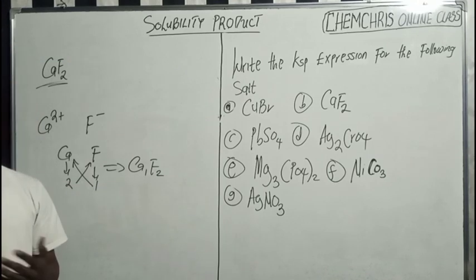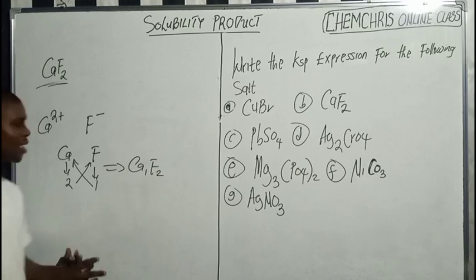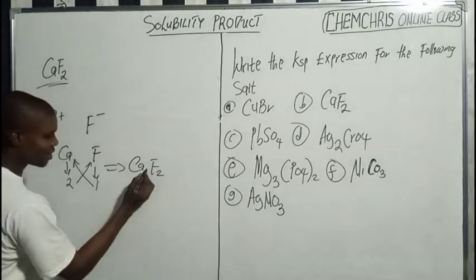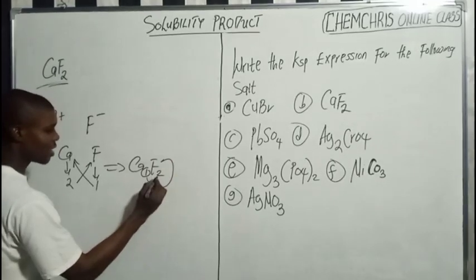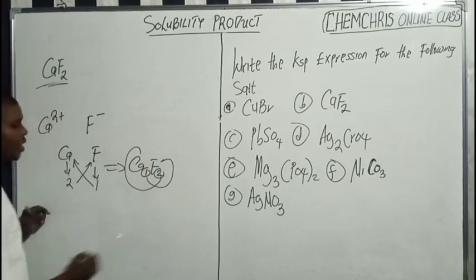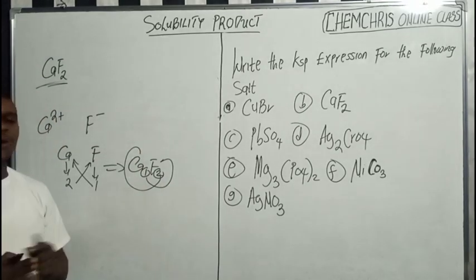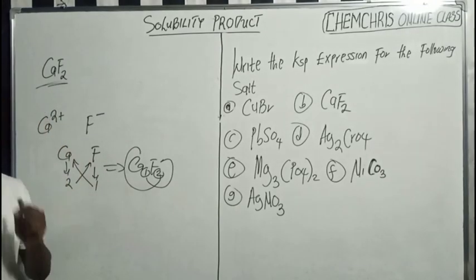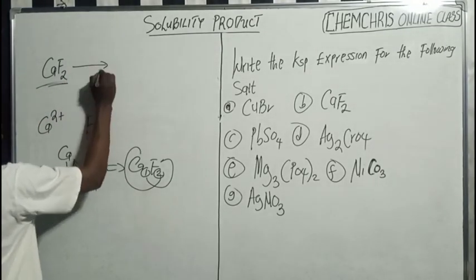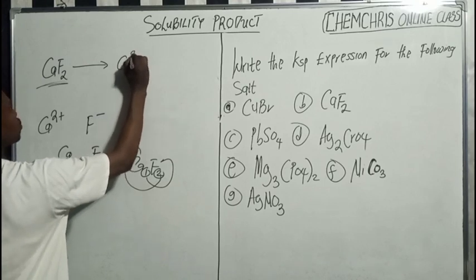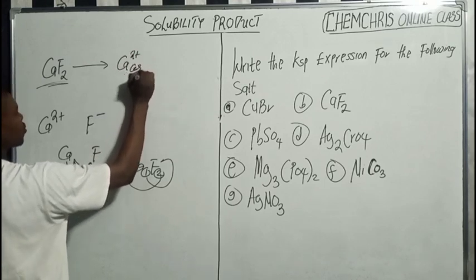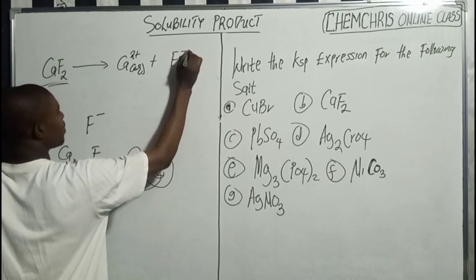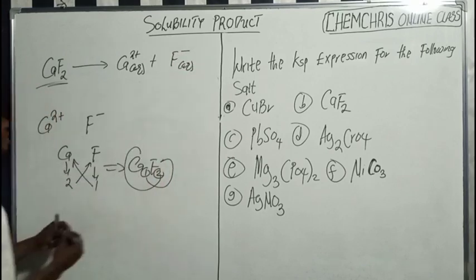In case you don't know the oxidation state, understand that this one rightfully belongs to this guy, and these two rightfully belong to the other one. There are different ways you can figure it out, and this is one of the ways I'm teaching you now. So now I have Ca2 plus aqueous plus F minus aqueous.